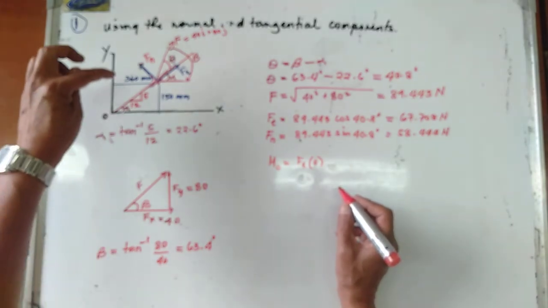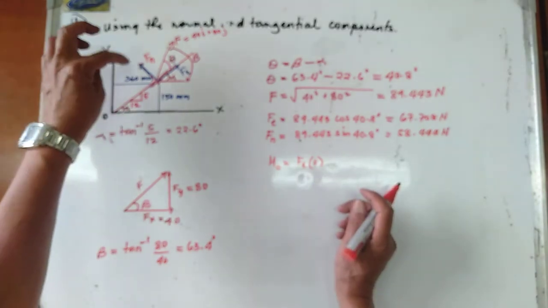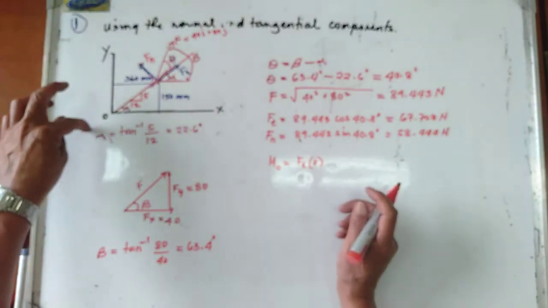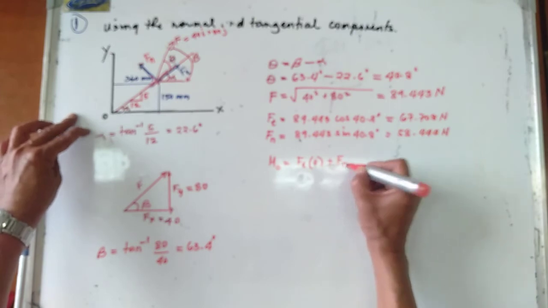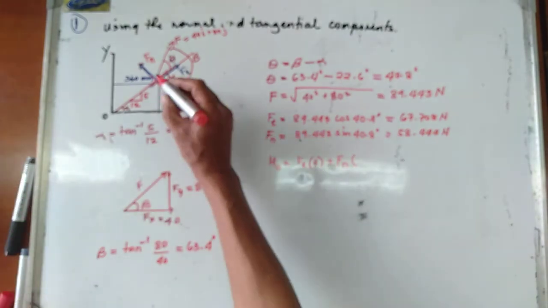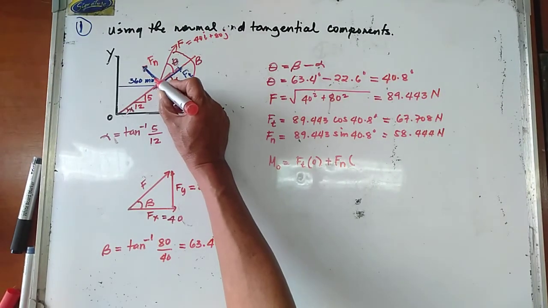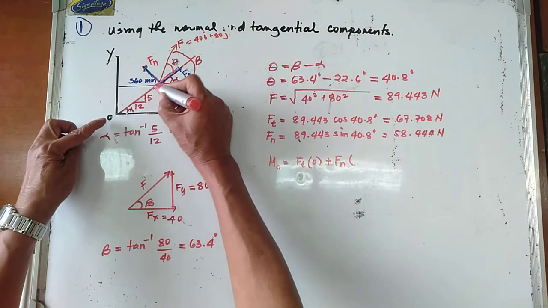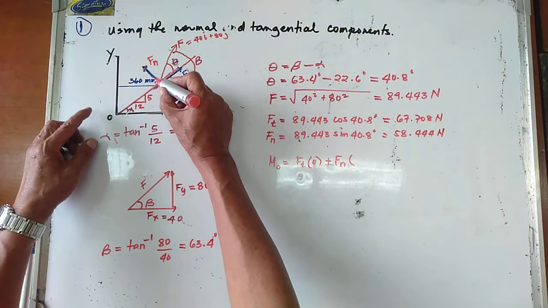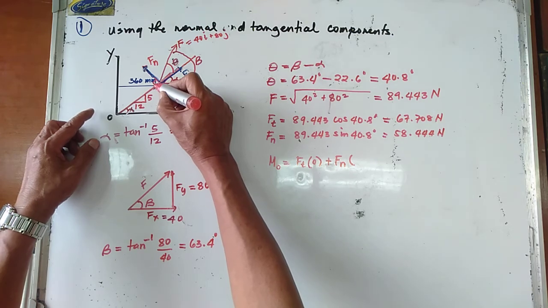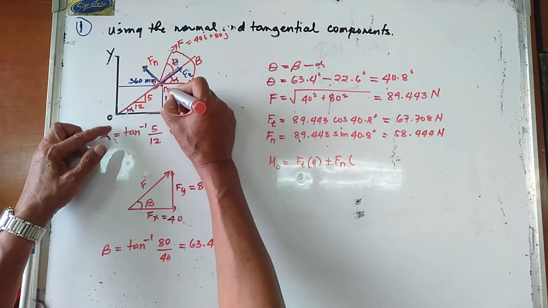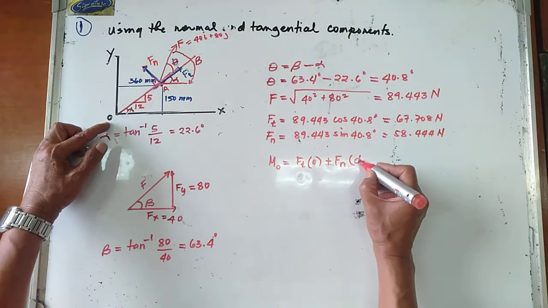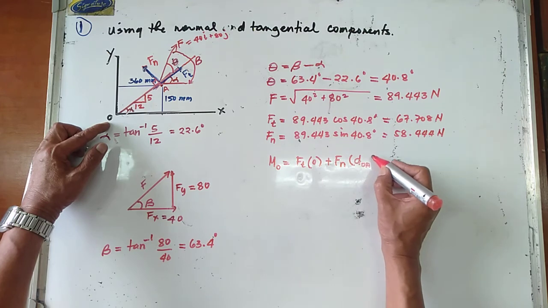And then we still assume counterclockwise is positive, so that is counterclockwise. So we have plus your Fn, multiplied by the perpendicular distance from the moment center to the line of action of that force. So that is 90 degrees. So we now have your distance, I would say that one is now your A, so multiply this one by the distance OA.